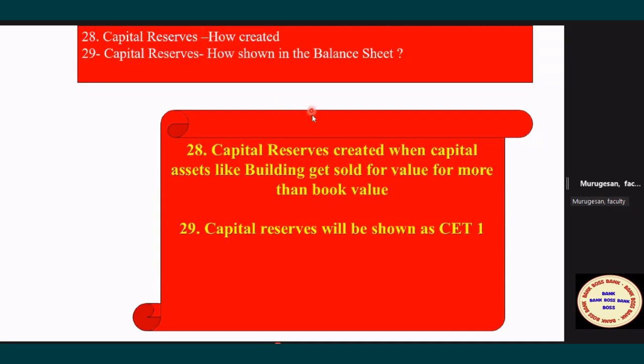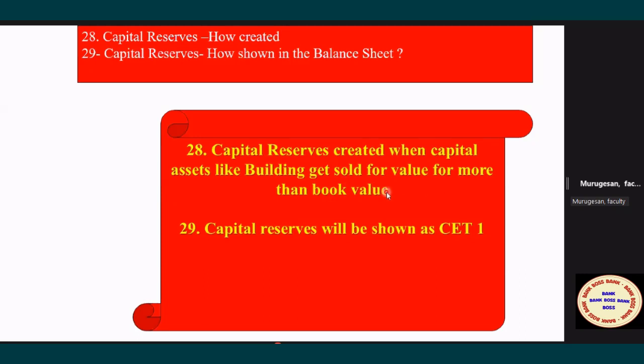Not only theory, you should know how capital reserves are created. For example, capital reserves are created when capital assets like a building, any copyright or any other asset is sold in the market or to somebody for a value more than the book value. Book value may be 50 crores, but you are selling for 150 crores.